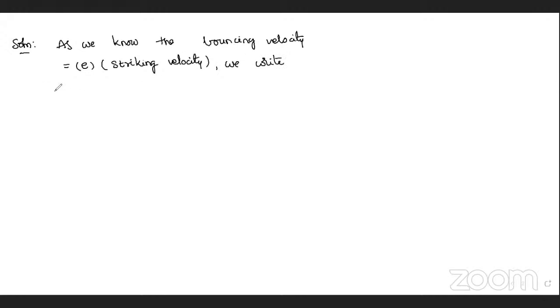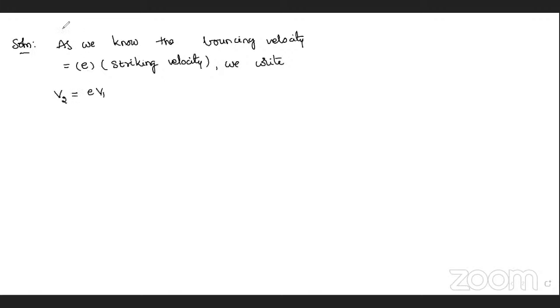As we know, the bouncing velocity is equals to e times the striking velocity. We write v2 is equals to ev1. You can stop here, no problem. This is correct.